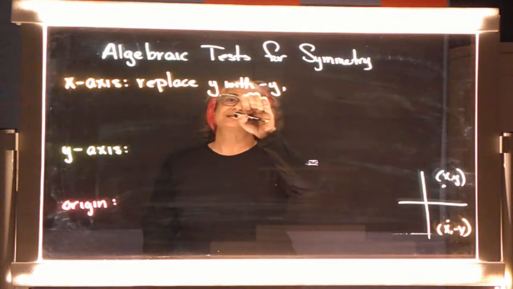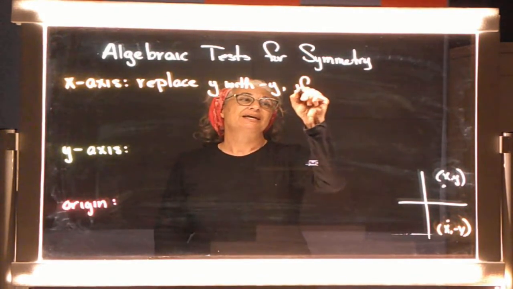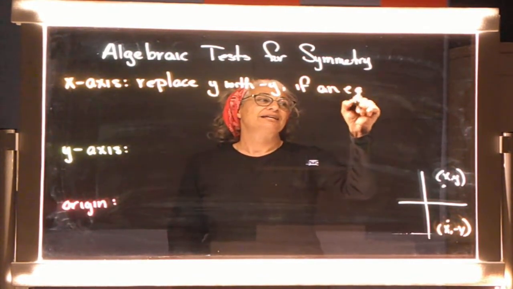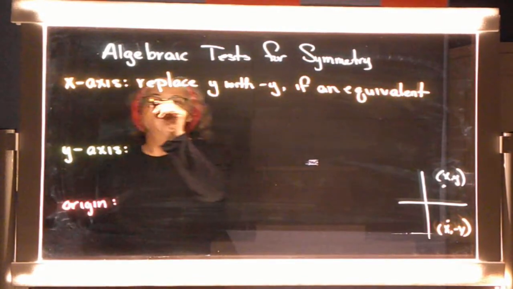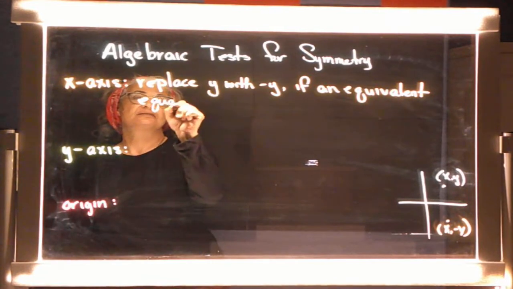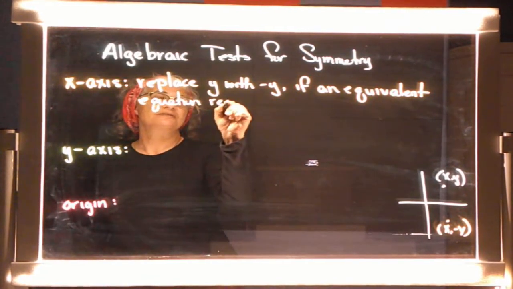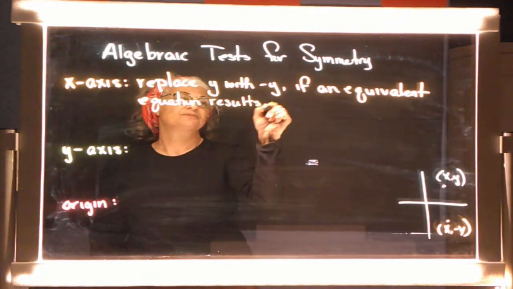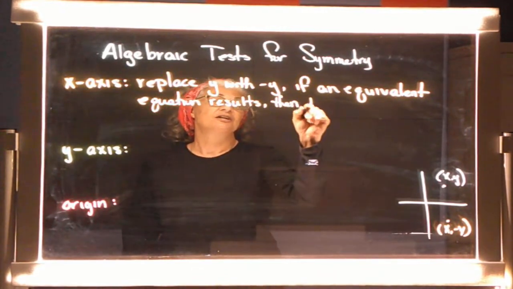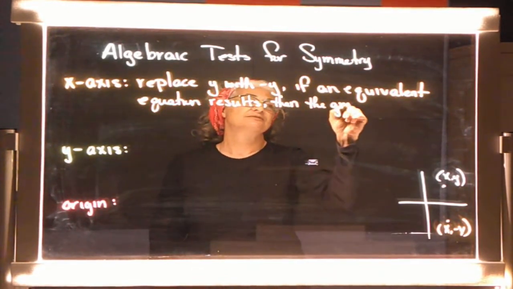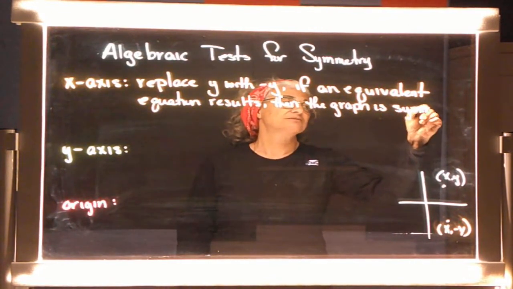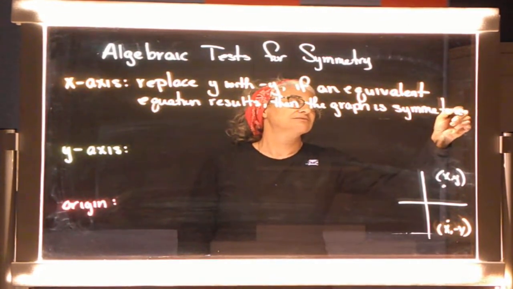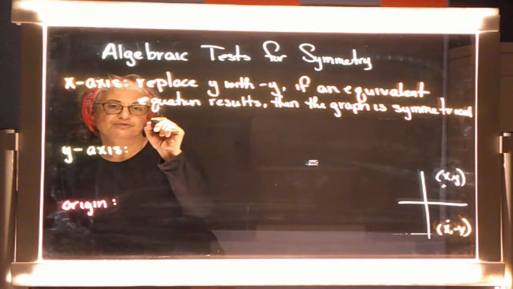So when you replace y with negative y, if an equivalent equation results, then the graph is symmetrical. By the way, here's my shorthand.